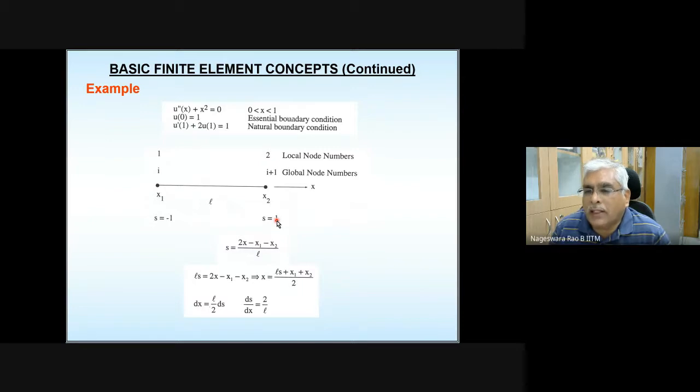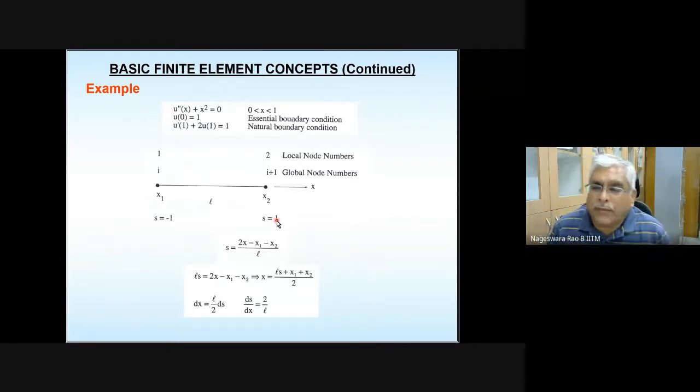Equation of a straight line joining 2 points x1 y1 x2 y2 is given by y minus y1 is equal to y2 minus y1 divided by x2 minus x1 multiplied by x minus x1.